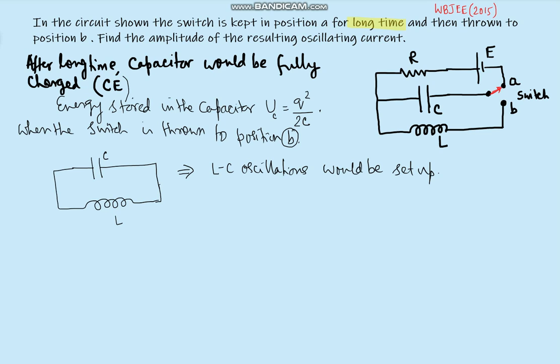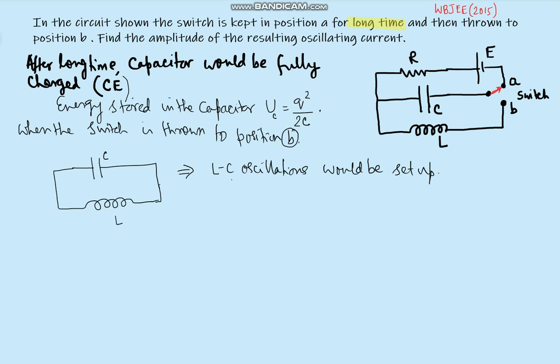Now see, LC oscillations would be set up. So the maximum electrical energy and the maximum magnetic energy will at some moment be equal, because the total energy remains constant.